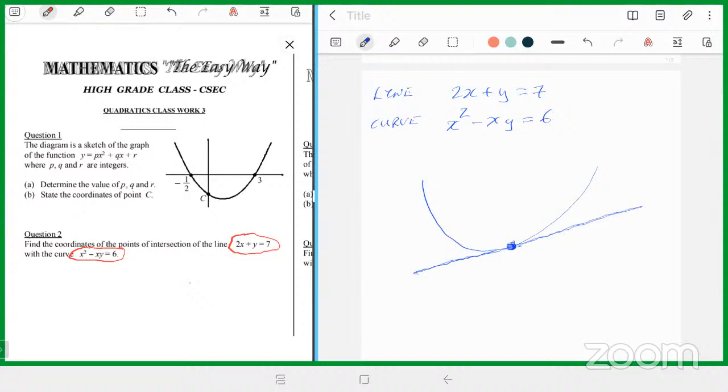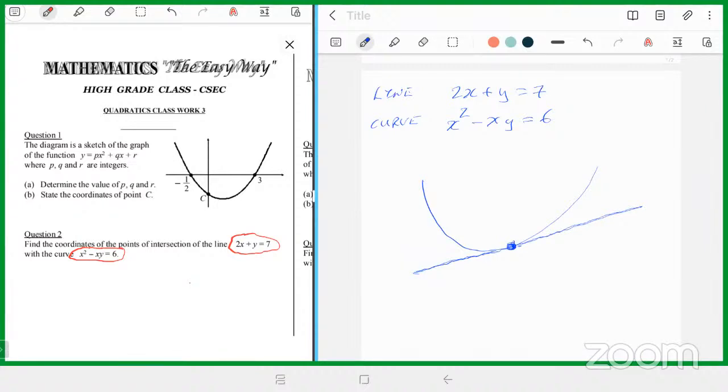When you put the line and curve together at the CSEC level, you are still going to get a quadratic equation. Just that the quadratic equation that you get is going to be one that gives you what we call repeated roots. In other words, the 2 x values will come out to be the same, right?